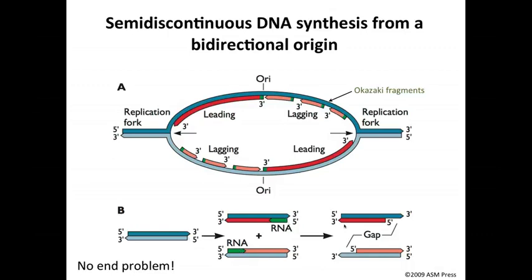The RNA primers have to be removed and filled in. And that's not a problem because this is a circular genome. So you're always going to have a 3' hydroxyl ahead of you to fill in when you remove the RNA primer. There's no end to give you a 5' end problem. So this is one viral solution to the end problem. Make a circle. That way you always have a free end to serve as a primer.